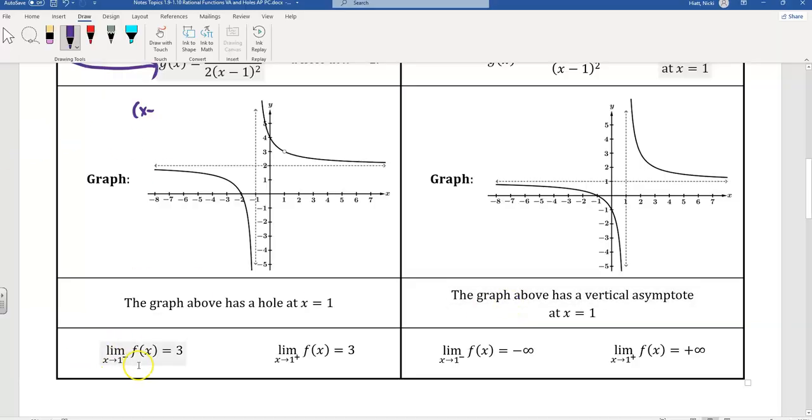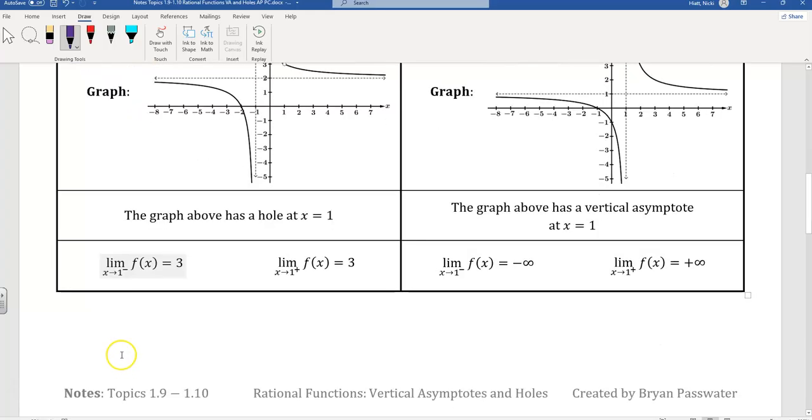Okay, so we have to do some limit notation with this. This limit notation is going to be a little different than the limit notation that we used for end behavior. Often we want to talk about what happens at the discontinuity, and we can use limit notation to talk about that. Whenever I see the limit, right here I've got x approaches 1, and then there's a negative behind the 1, right?